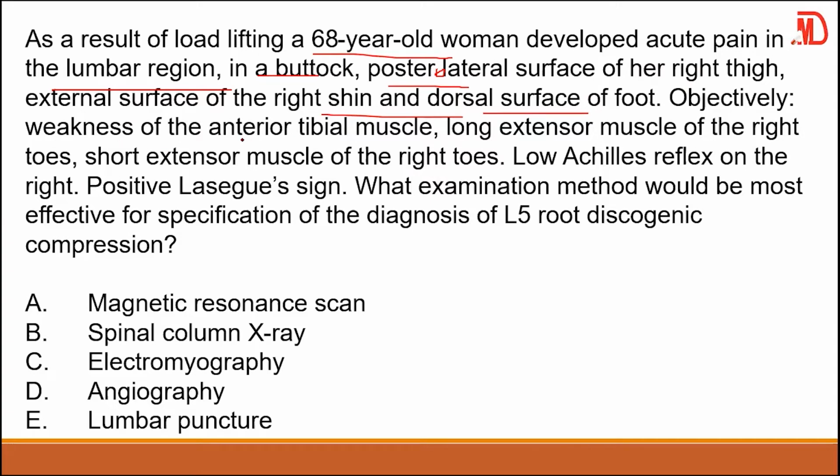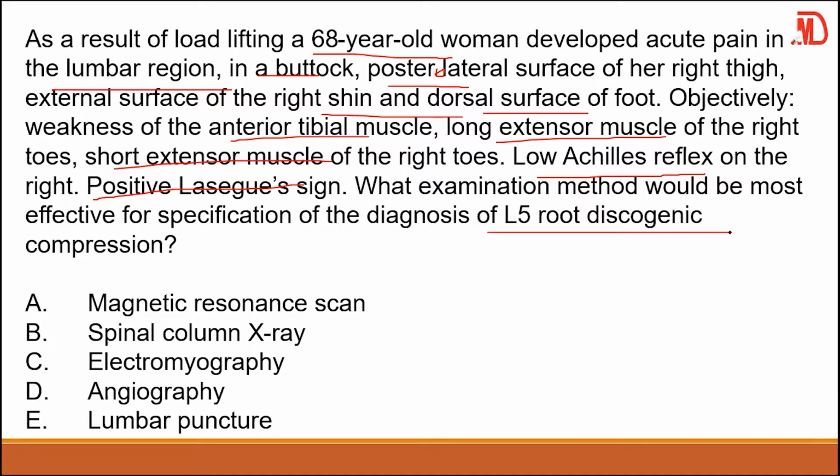Objectively, there's weakness of the anterior tibial muscles, long extensor muscles of the right toes, short extensor muscles of the right toes, low Achilles reflex on the right. And they've told you that there's a positive Lasegue sign. What examination method would be most effective for specification of the diagnosis of L5 root discogenic compression?